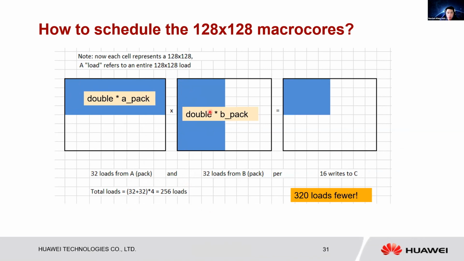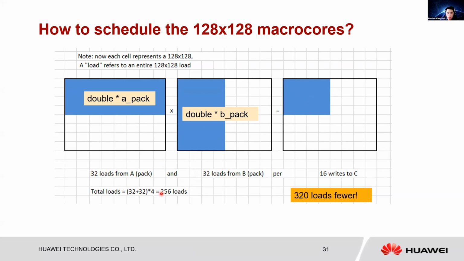And then we multiply these two arrays together to get the upper left corner of the target matrix. Because they're packed, you load them only once. So there's 32 loads from A, 32 loads from B per a quarter of C.